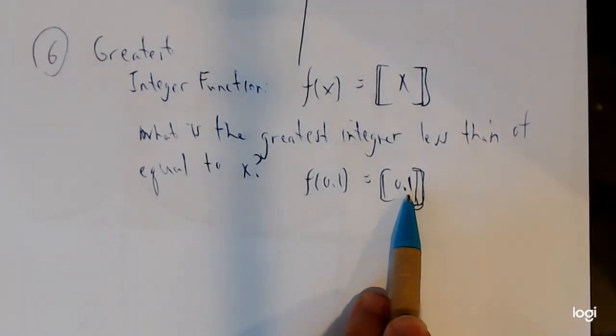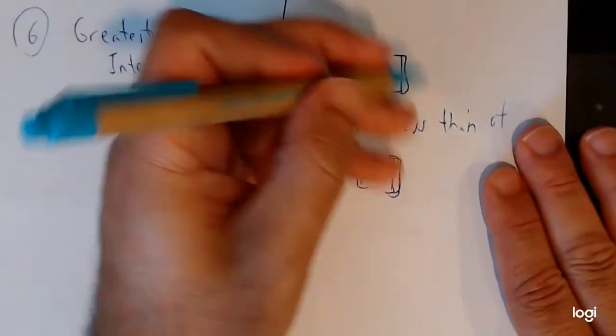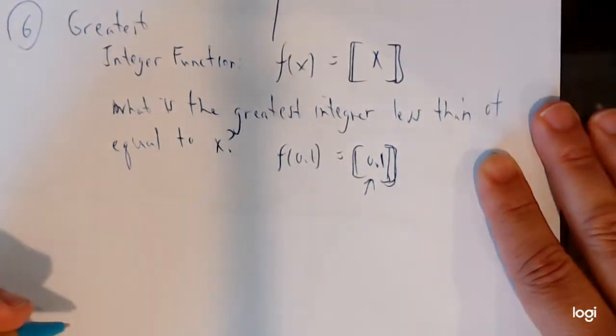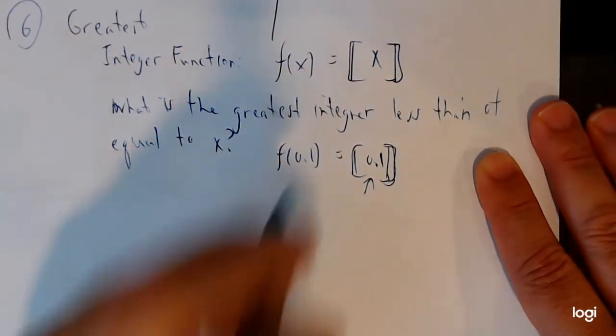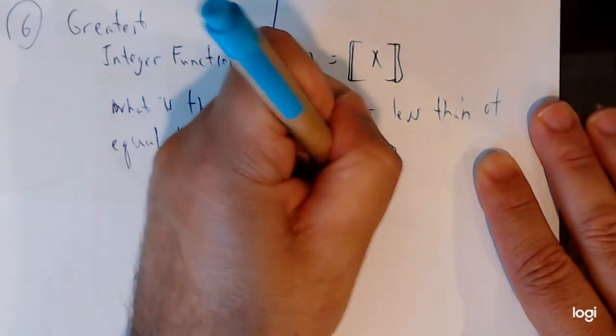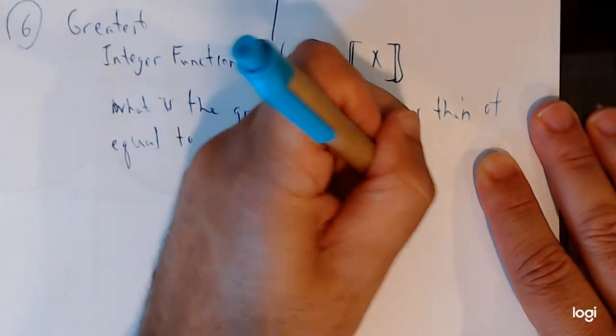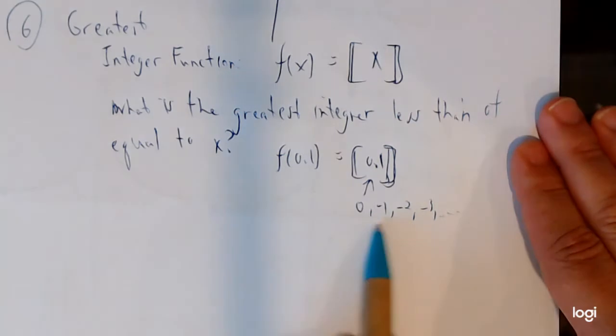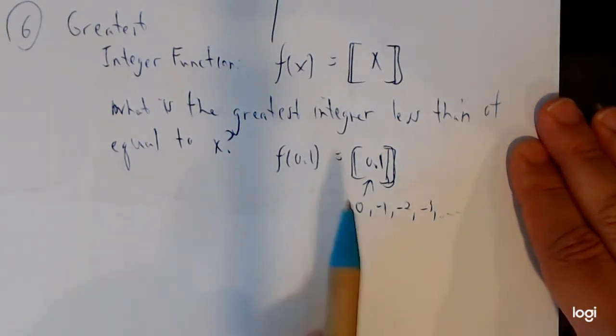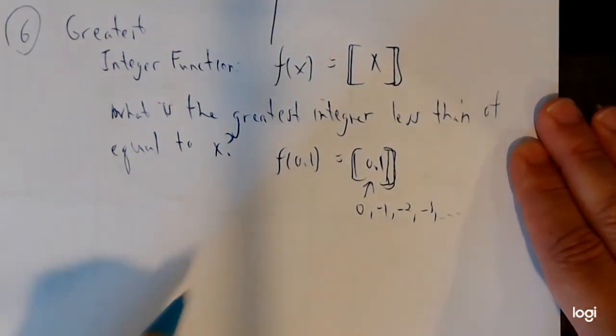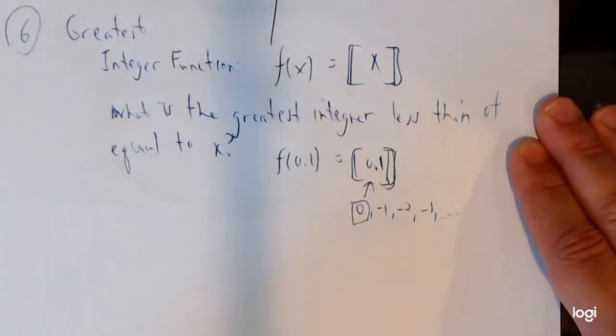So think of it this way. I say, look, what are all the integers less than 0.1? As far as integers go, it's 0, negative 1, negative 2, negative 3, and so on, right? I made a list of all my integers less than 0.1. Now, from all of these, what's the greatest? It's 0.